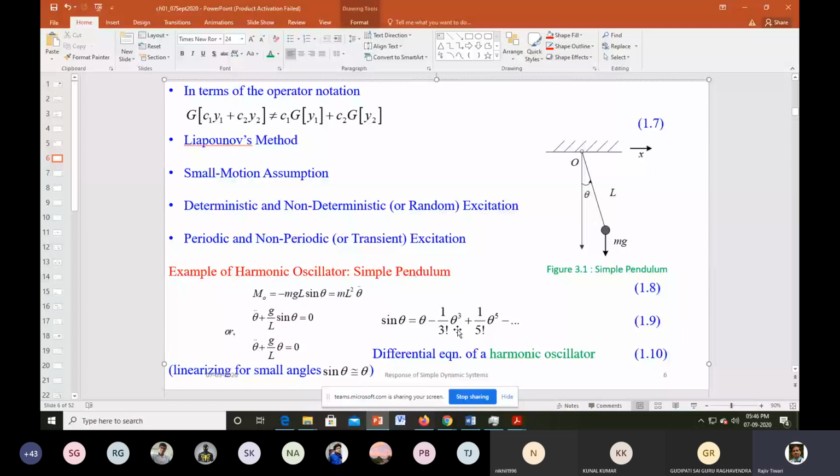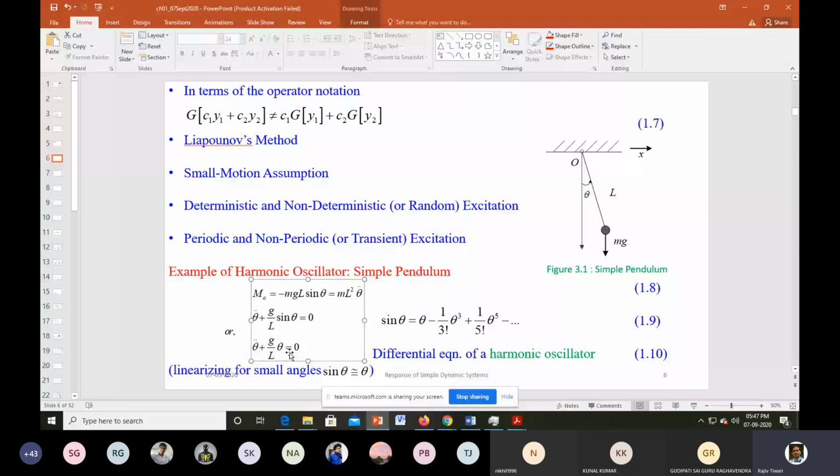We can drop all higher degree terms, and only theta will be left. This equation simplifies to theta double dot plus g by L theta is equal to 0. This is a linear system, in which the degree of theta is 1, and the solution can be found easily. This is called a harmonic oscillator.